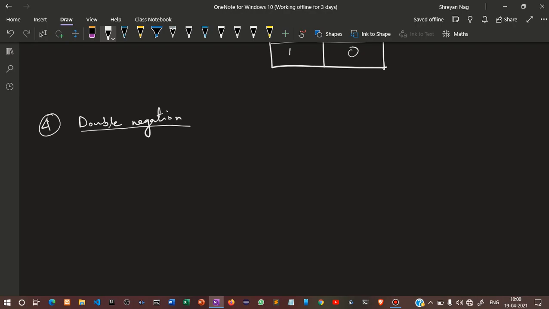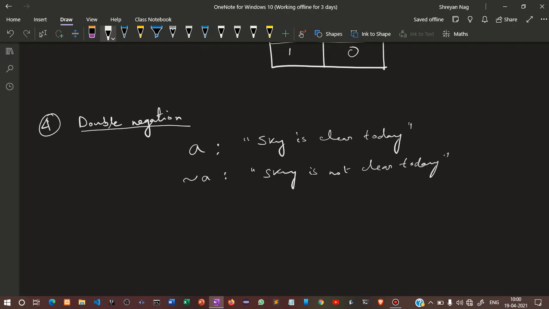That is, suppose A equals "sky is clear today." What will the negated form be? The negated form will be "sky is not clear today."